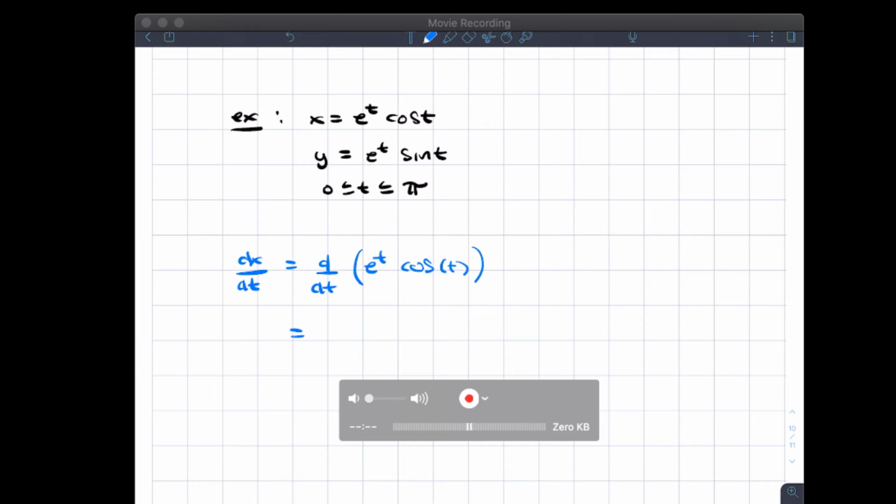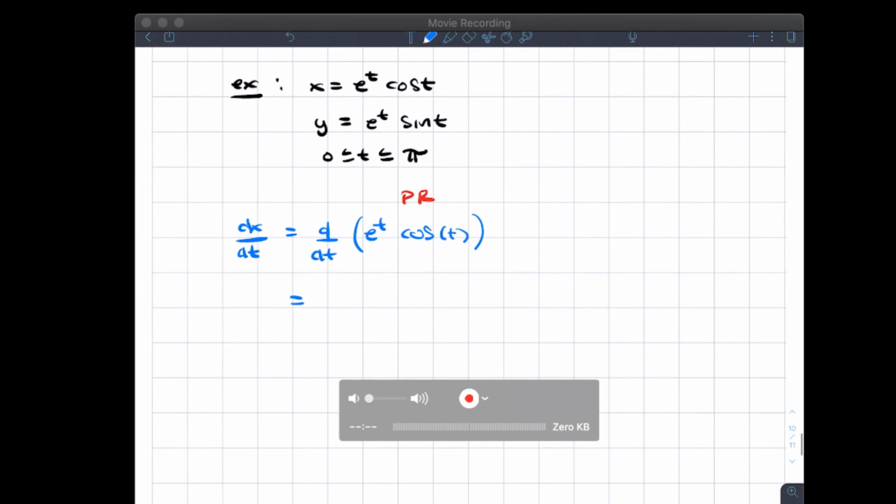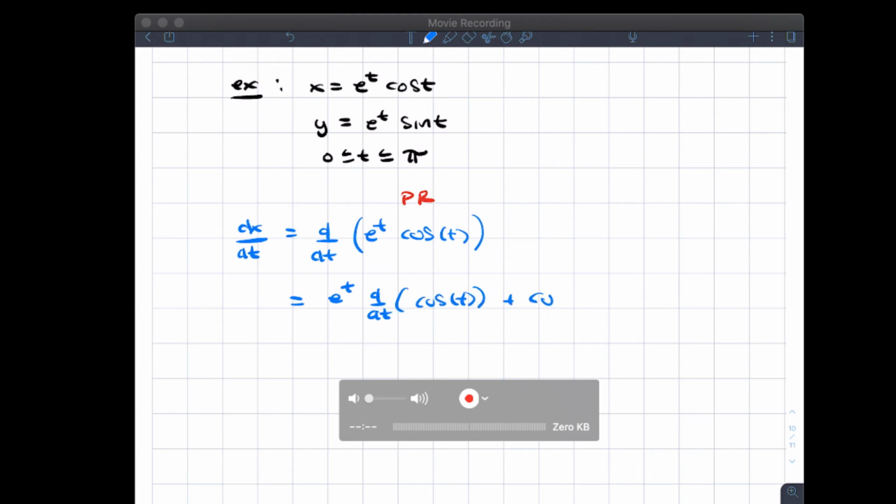Meaning you're going to need to use the product rule. Product rule from Calculus 1. So this is why this is a Calculus 2 course. They assume you guys can do product rule, right? So this is e to the t dt cosine t plus cosine t e to the t.